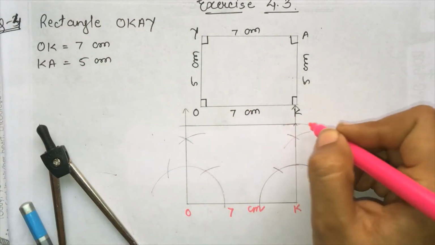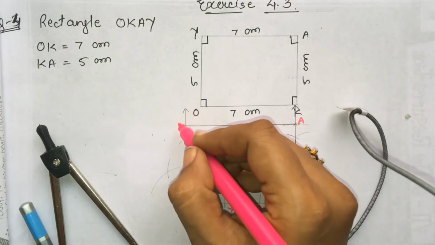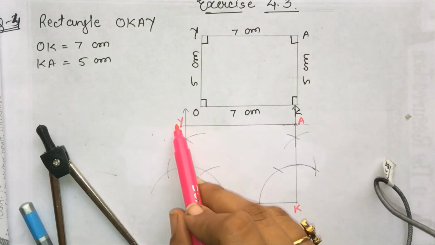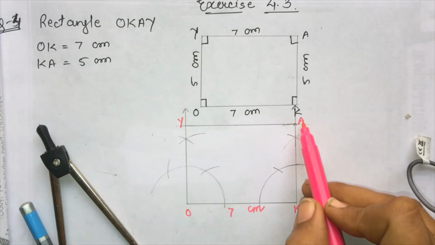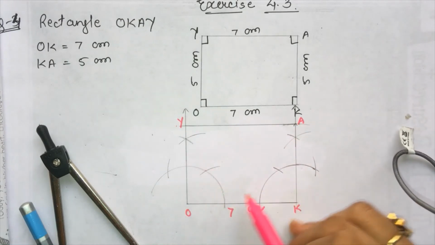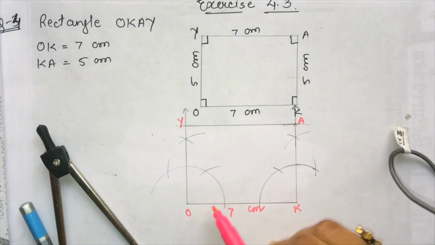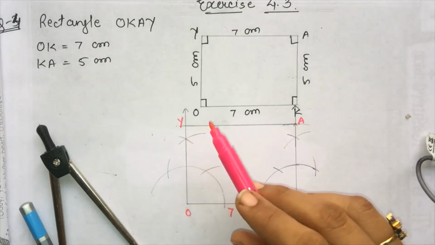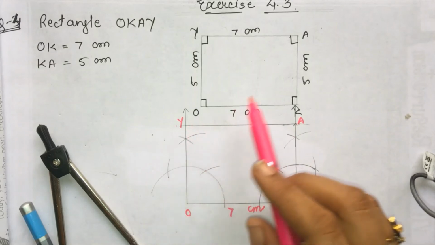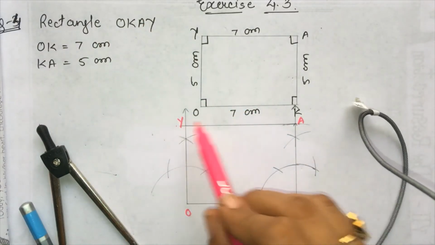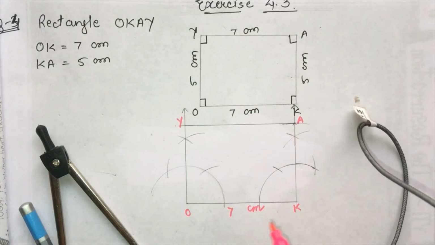O, K, A, Y. You cannot name A over here and Y over here, because the name of the rectangle we are given is OKAY. If you write A over here, then it will be OKYA, which is not true. So while you are naming, you have to be careful.